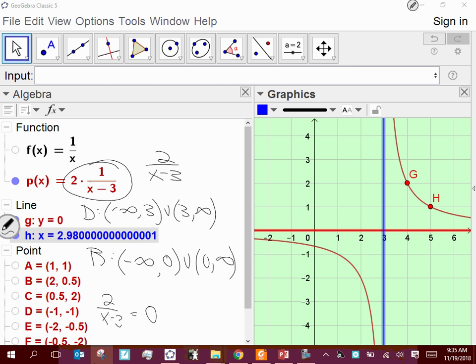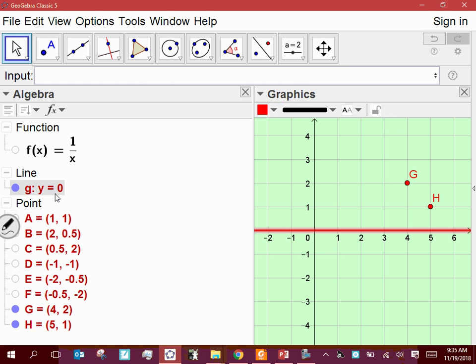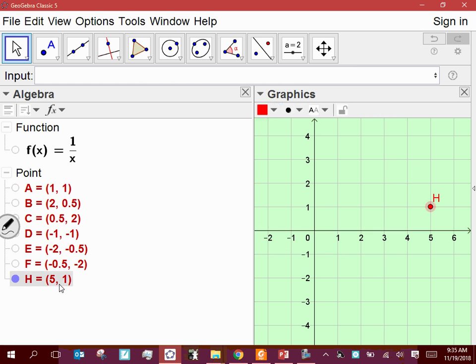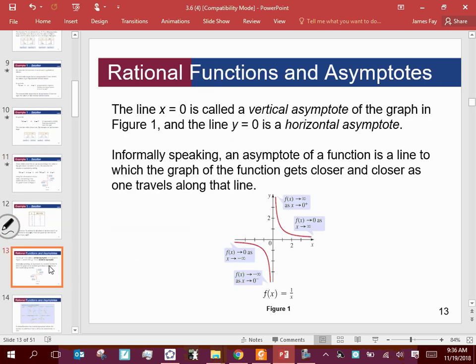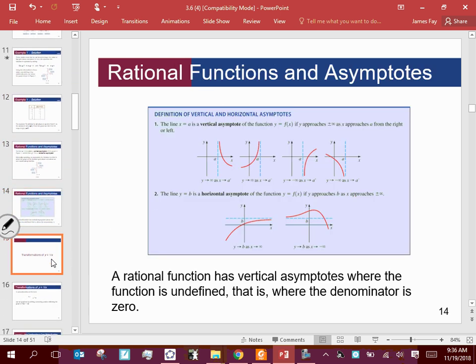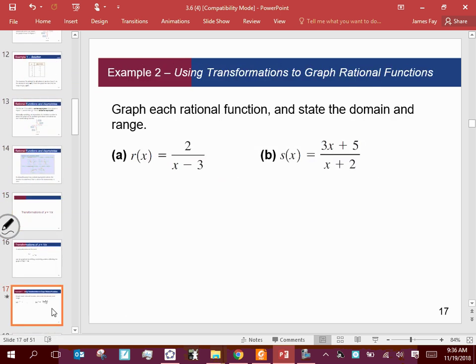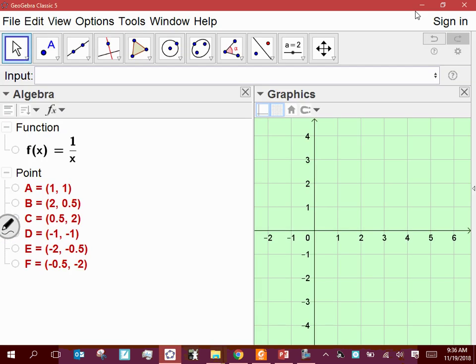Because of how these functions end up looking or starting out. Let me give you, I can't remember what it was in the PowerPoint, 3x plus 5 over x plus 2.